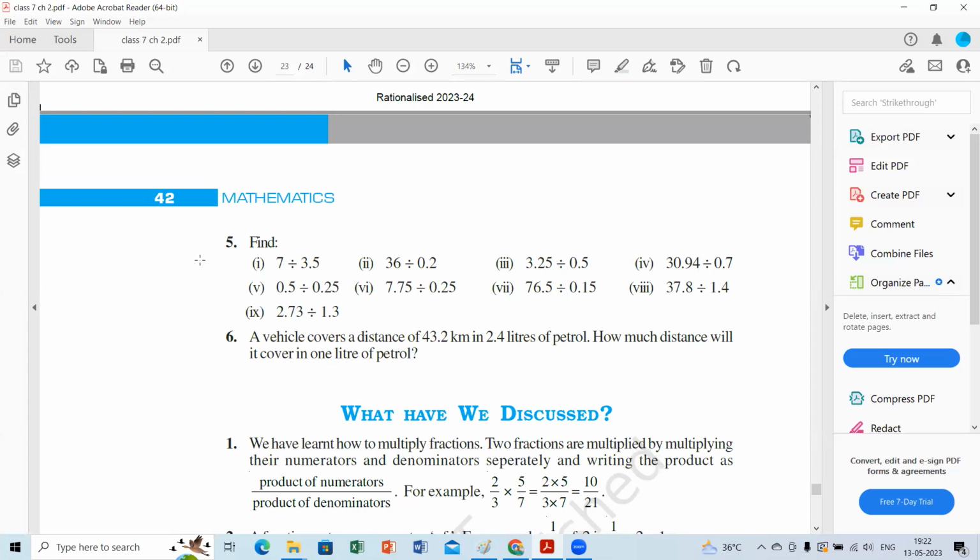Come on, give the answers for 7 and 9. Leshita, your answer is correct. The 5th bit is also correct. Go to the 7th bit. 76.5 divided by 0.5. Very good, Varshit. Correct. Varshit, go with the 9th bit. 76.5 divided by 0.15.